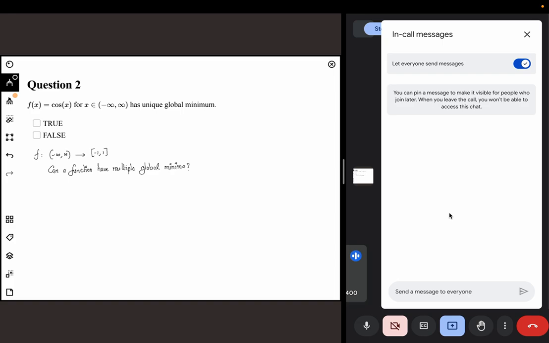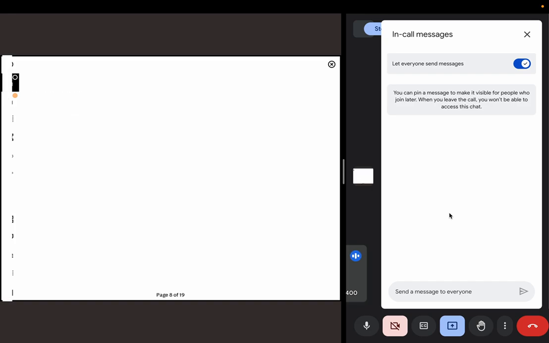Can a function have multiple global minima? How did you define global minima before?